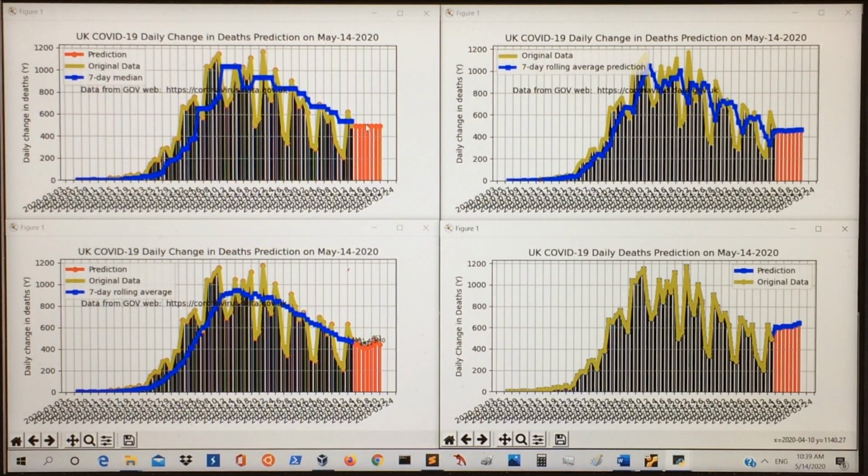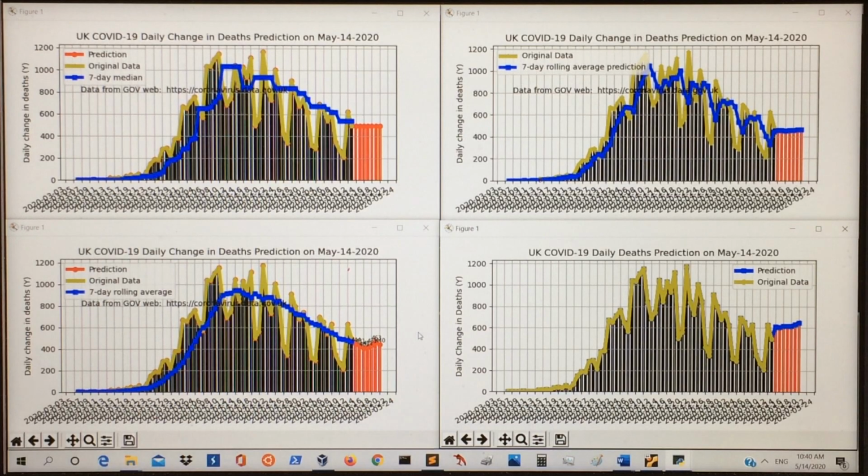The red bar for this one is the prediction, and the blue line is a fitted. Well, what I'm talking about is this bit, what I get when I put the original data fitted in there.